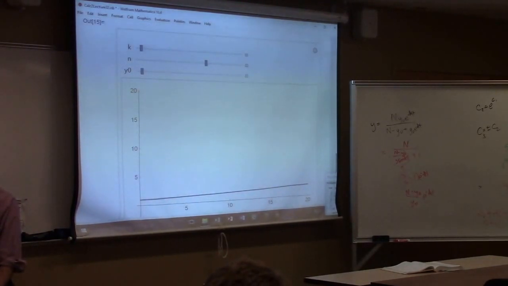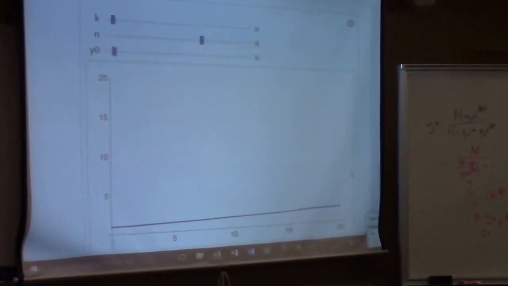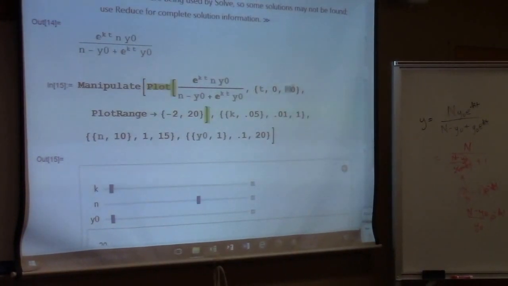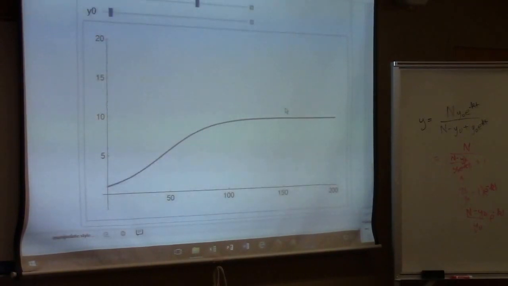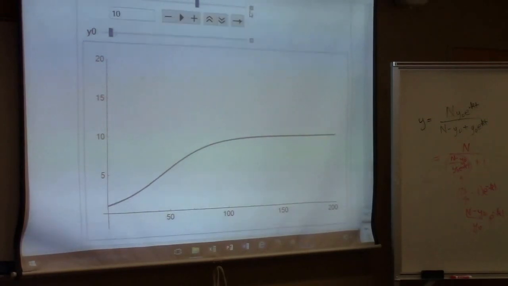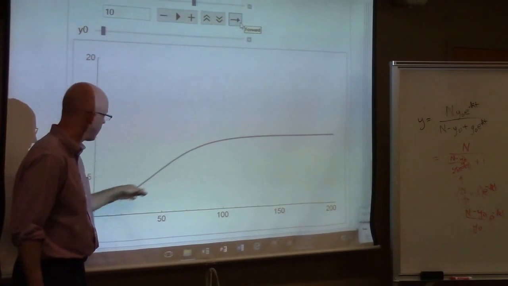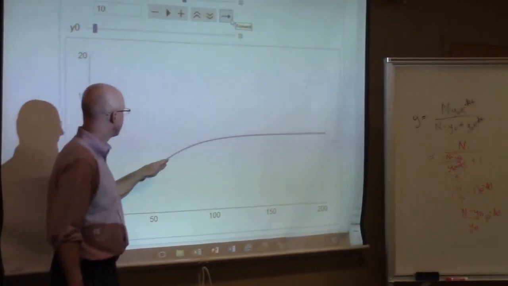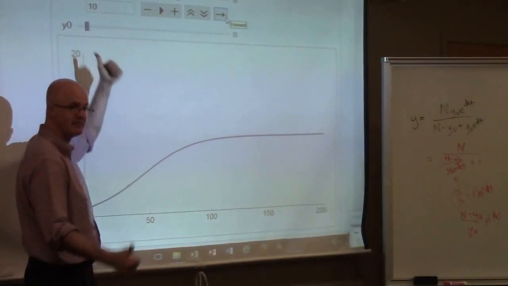Here's what the graph of the population as a function of time looks like for the initial values of k, n, and y0 that I picked. Let's look at a longer time frame, 200 instead of 20. N is 10, the carrying capacity. We see the population growing concave up at first, then leveling off, concave down, toward 10. That makes good sense.